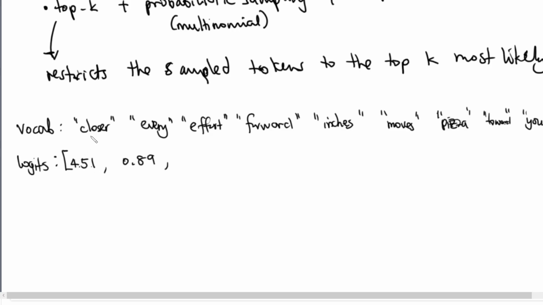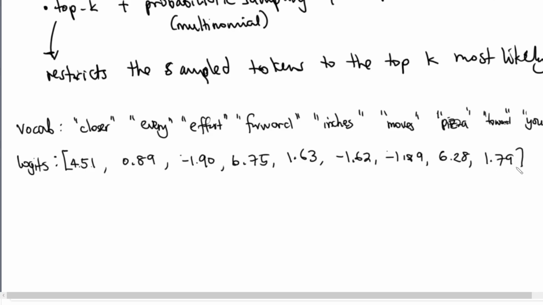Index zero is actually closer, then we'll get closer. So they should be aligned, but just because of space, I might not align them properly. But you get the indexes, right? 6.75, 1.63, minus 1.62, minus 1.89, and then 6.28, and finally 1.79, like that.